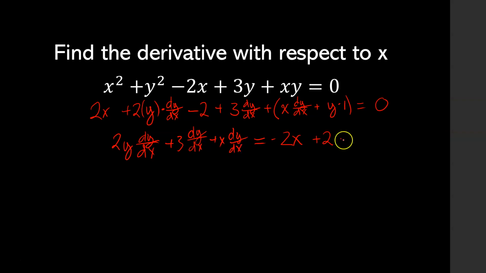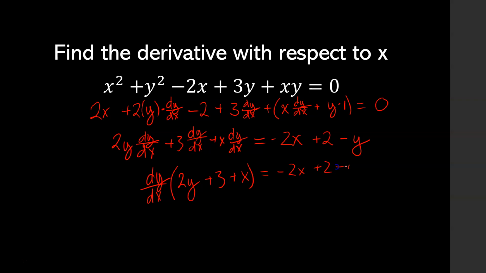And, well, we're going to have to subtract y over here. How do you get all those dy dx's together? Someone is yelling at the screen, factor. That is correct. And the right-hand side is still negative 2x plus 2 minus y. And then to get dy dx by itself, we just divide.